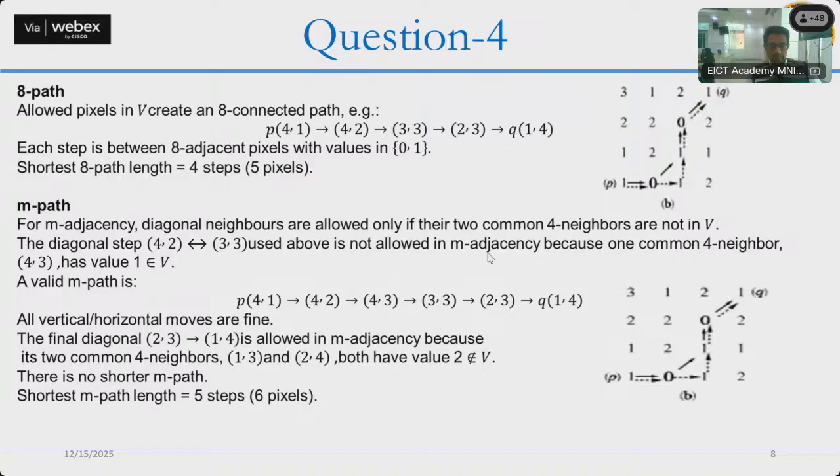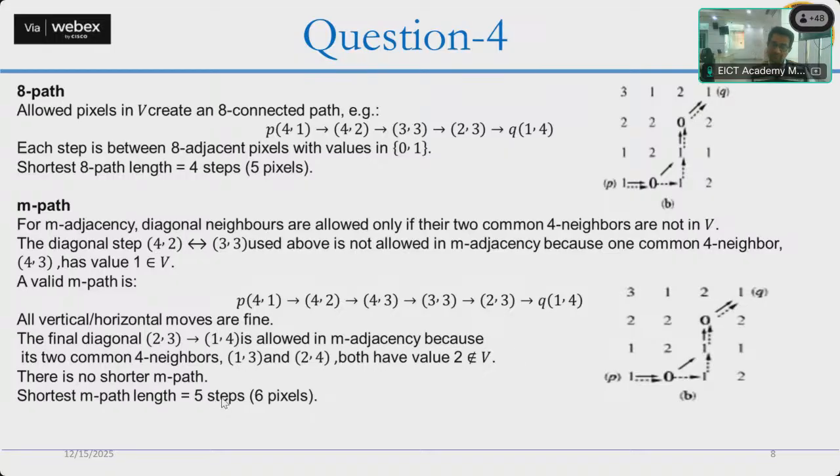Now, when we are discussing this, one common 4-neighbor has value 1. So the valid M path is this one. Please notice that the final path is allowed because both these neighbors, 1, 3 and 2, 4, have values which are not part of V. In simpler words, the M path is available only when there is no ambiguity, when there is only one path available.